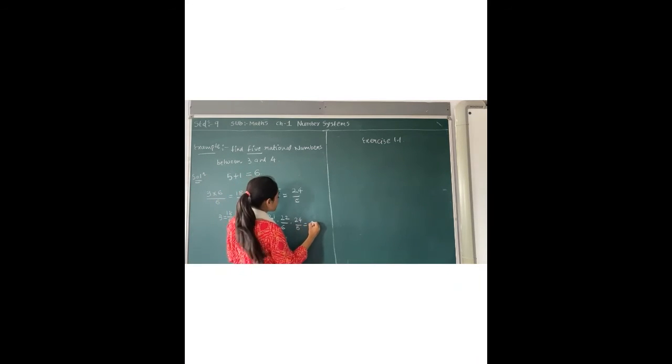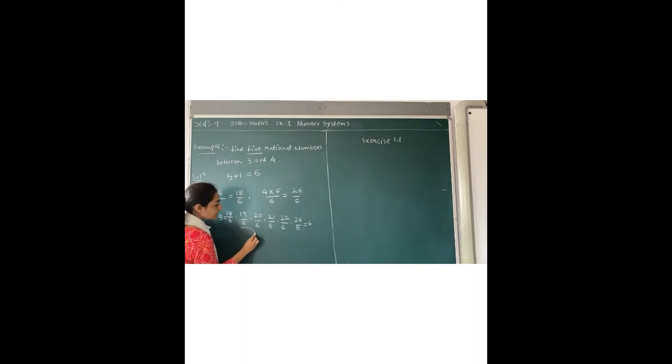Since 18 divided by 6 is nothing but 3 and 24 divided by 6 is nothing but 4, this way we can find numbers between 3 and 4.